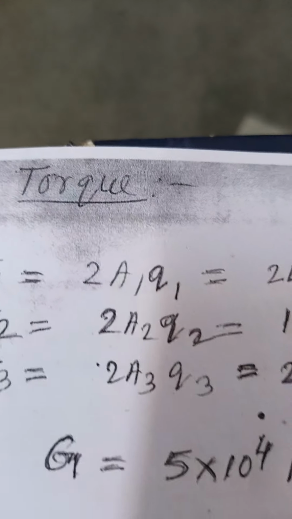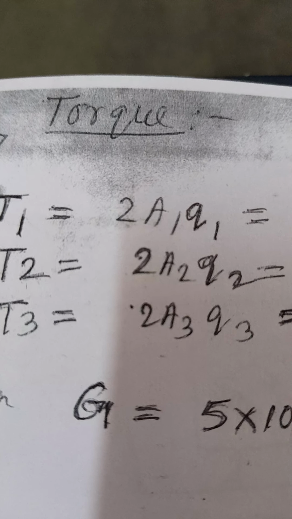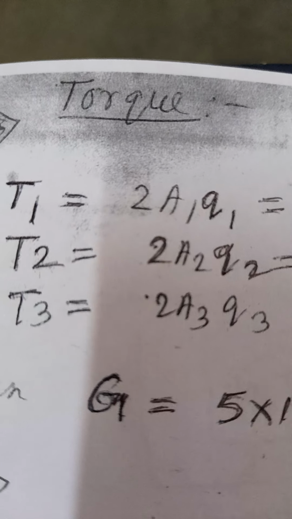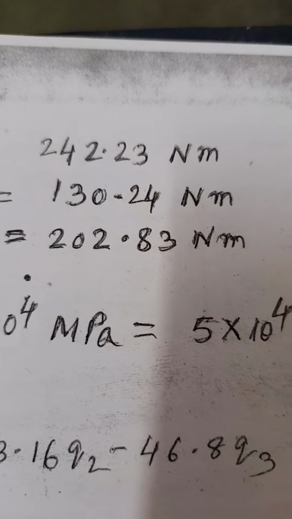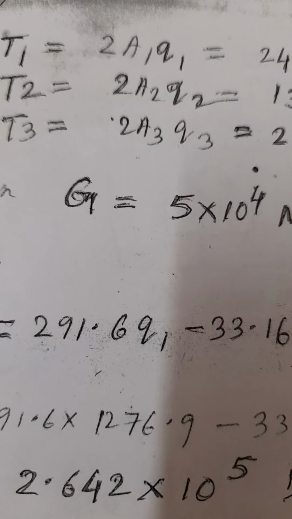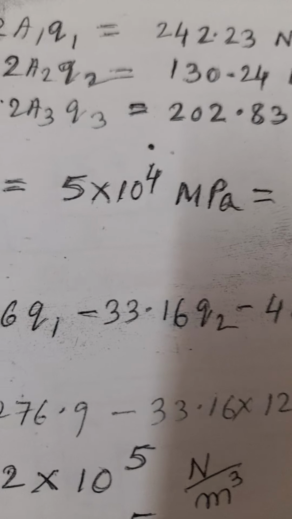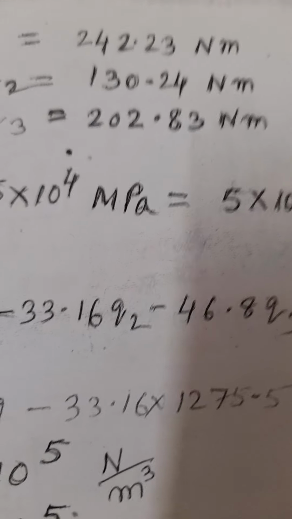So Q1 is equal to the torque we have found out. Q1 is known, A1 is known, so T1 can be found out, T2 can be found out, T3 can be found out. Okay, so G is given as 5 into 10 to the power 4 megapascal.